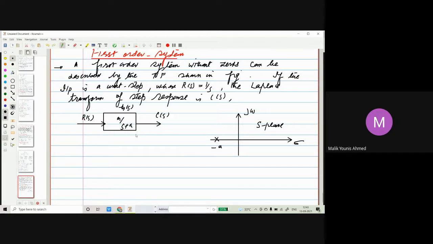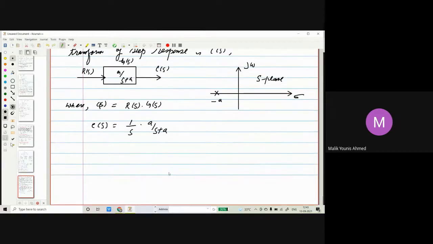So C of S is R of S into G of S, that we already know. Input is step. G of S is A by S plus A. Now let's first solve this one.